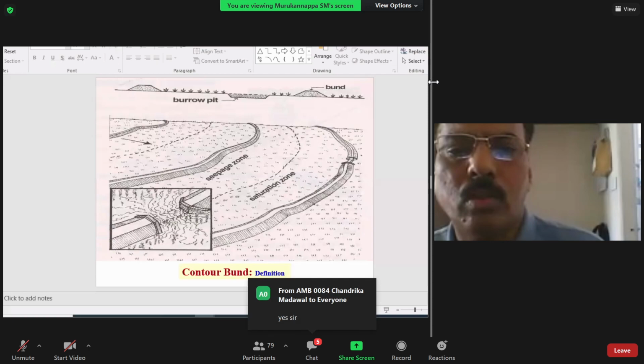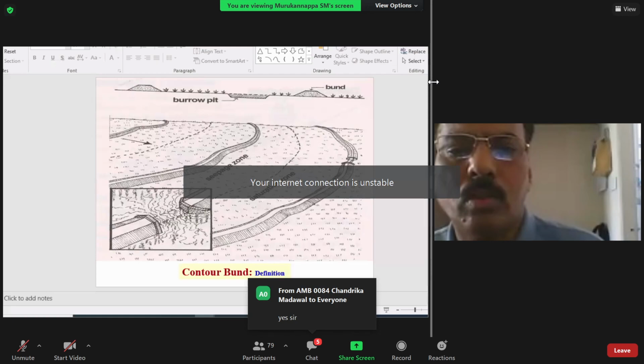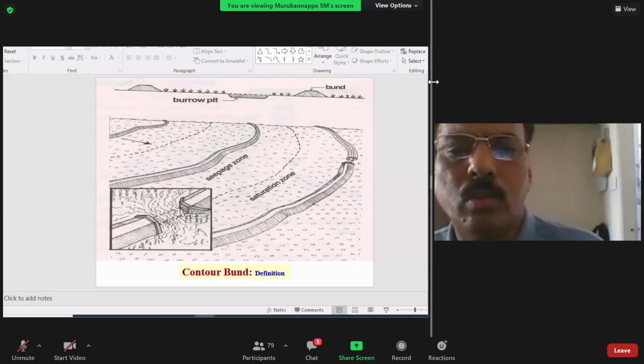So there is water at the middle place, that is stagnated.